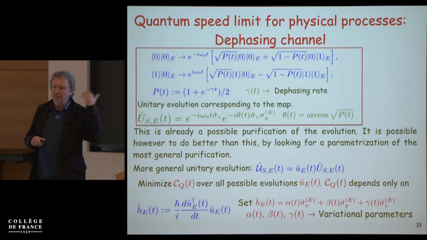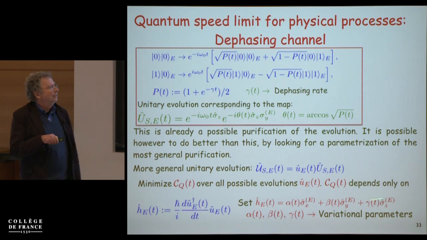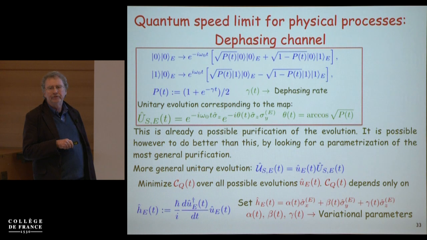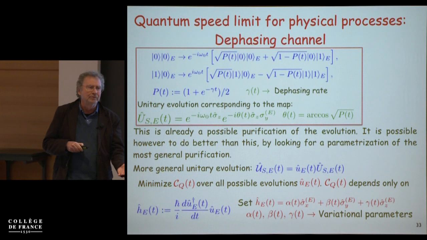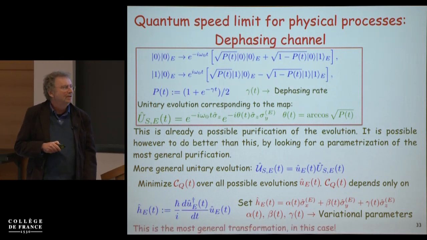The identity does not play a role, because it's just a general phase. Okay? So now we have coefficients, which we are going to consider as variational parameters, and we can deal with them so as to minimize C of Q. And of course, it's clear that if we do that, we are going to get a tight bound, because that's the most general transformation we can do.